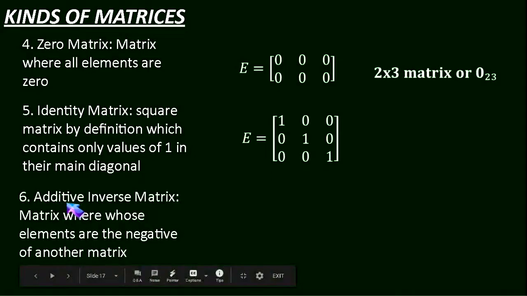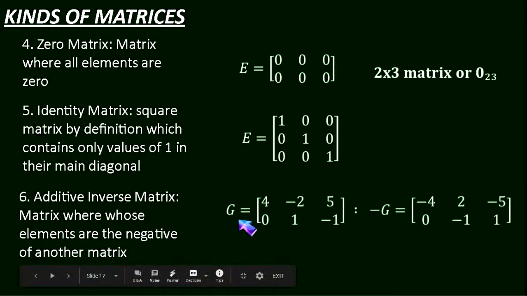And lastly, the additive inverse matrix. So, additive inverse matrix is a matrix whose elements are the negative of another matrix. So, we have here matrix G. We have here an element of matrix G. So, pag sinabi nating additive inverse matrix, yung negative ng matrix, ito.